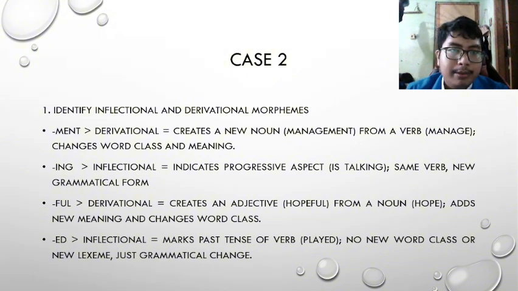Men in management is derivational, creates a new noun from a verb, manage, changes word class and meaning. -ing is inflectional, indicates progressive aspect, as in talking, same verb, new grammatical form. -ful is derivational, it creates an adjective, hopeful, from the noun hope, has a new meaning and changes word class. -ed is inflectional, marks past tense of the verb, played, no new word class or new lexeme, just a grammatical change.